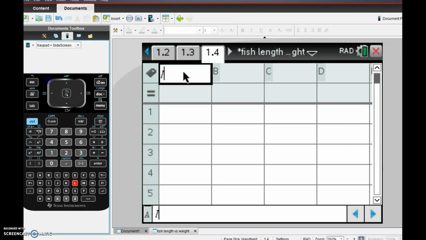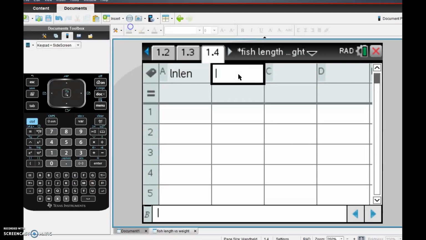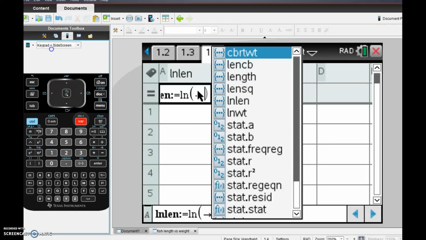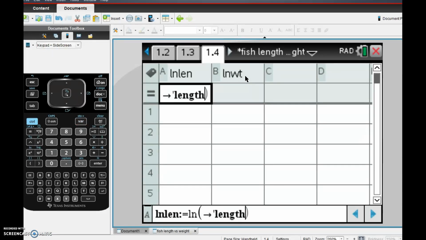So I'm going to take the natural log of length, and I'll call this one ln length, and this one ln weight. So let's put this in. I'm going to take the natural log. Now I can't use a column reference because it's not in this spreadsheet's columns, so I just go to vars and pick the original length variable.